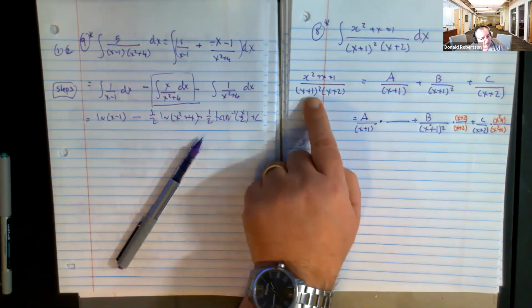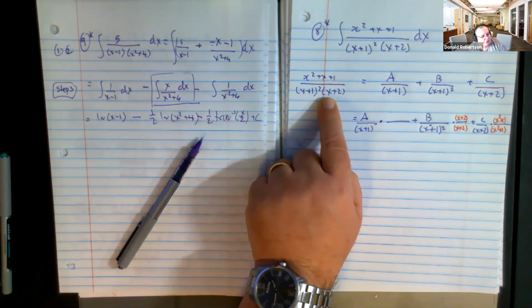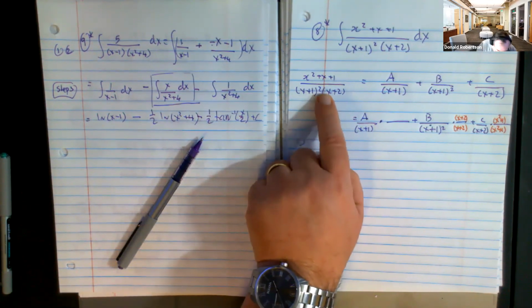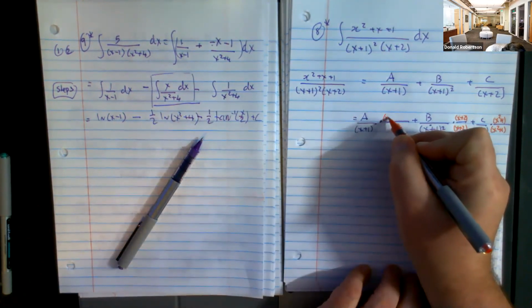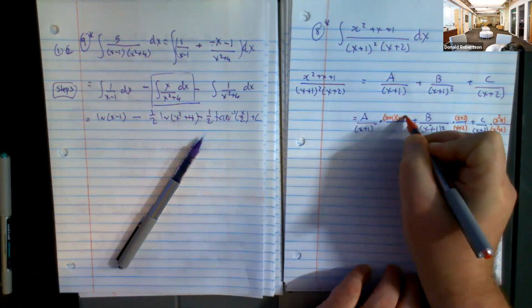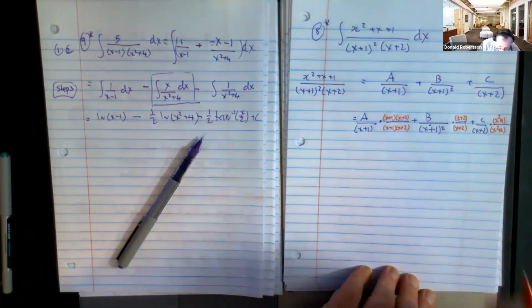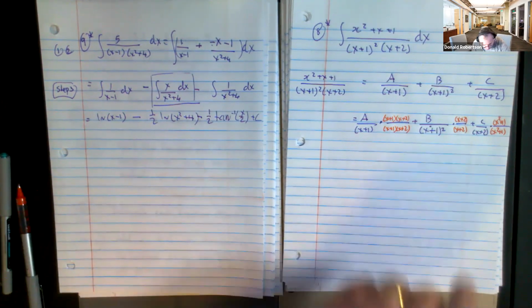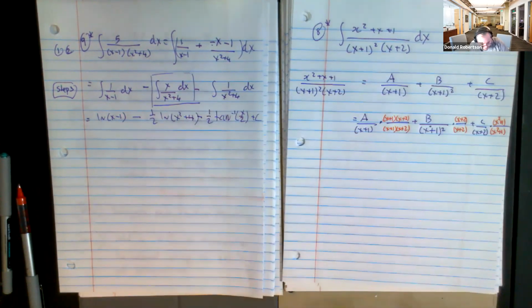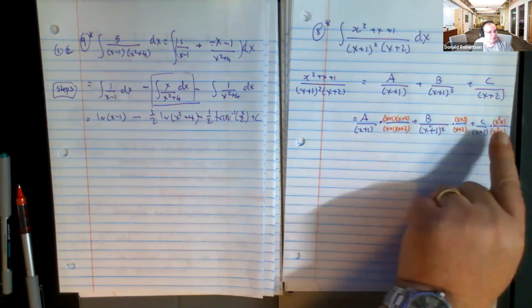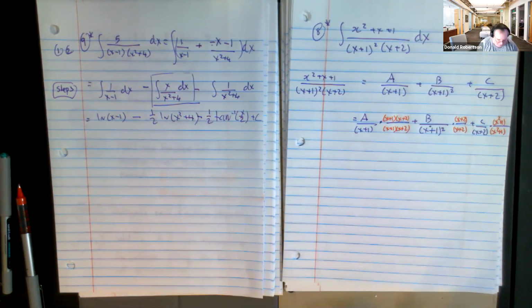Isn't it missing an x plus 1 and an x plus 2? It's missing 2 pieces. So this one gets an x plus 1, x plus 2 guy. Are you happy about how you split it into 3 pieces and what you need to do to put them back together as a single fraction?